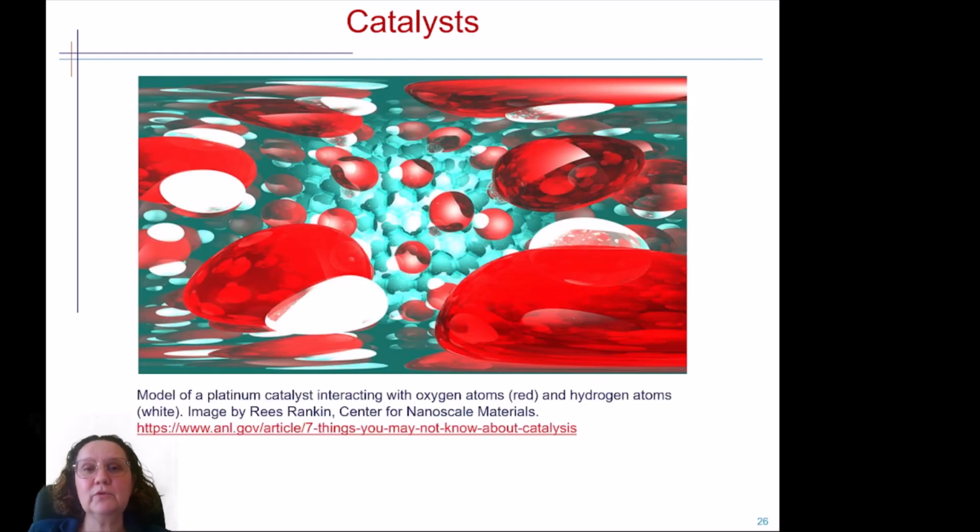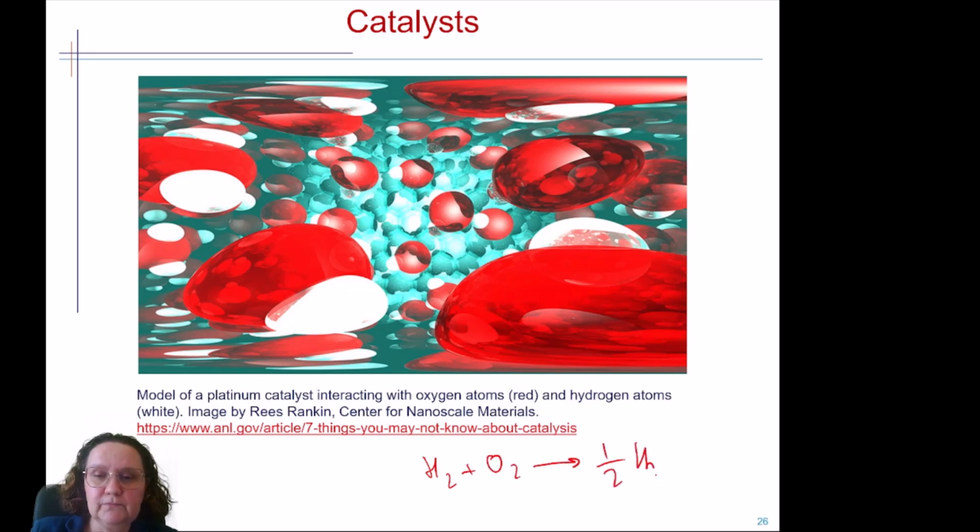Another example of the use of a catalyst, and an artist's impression of how that catalyst might look, is the reaction of hydrogen and oxygen to make water. A perfectly thermodynamically favorable reaction, spontaneous, exothermic, all sorts of marvelous things, kinetically really slow.